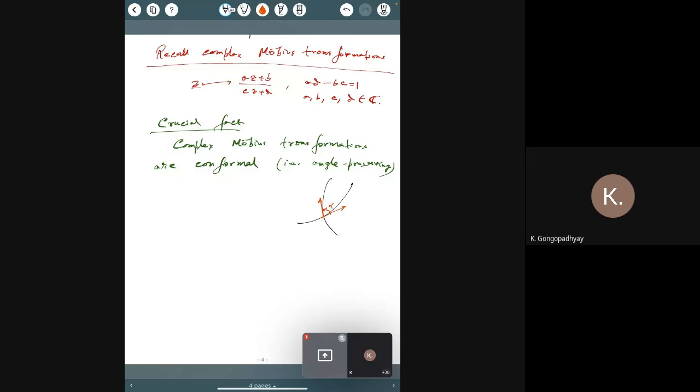And one crucial fact in complex analysis is that the complex Mobius transformations are conformal, so they are angle preserving. A complex Mobius transformation Z goes to AZ plus B by CZ plus D.